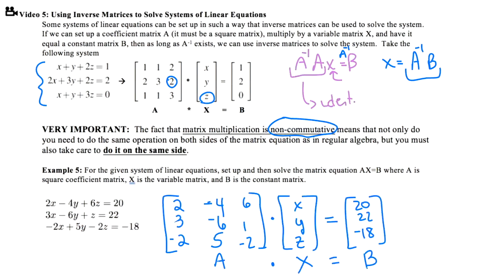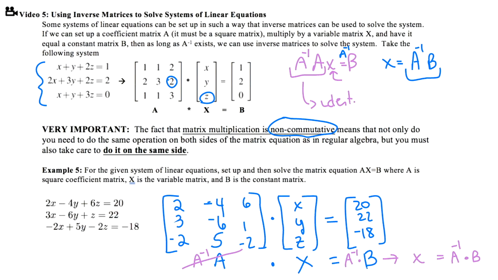To solve this using inverse matrices, we need to multiply by A inverse over here, which means I need to multiply on the left side of B. So this is going to tell me then that the variable matrix X is equal to the matrix A inverse times B. Okay, in a sense, this A inverse A, they cancel out, right?